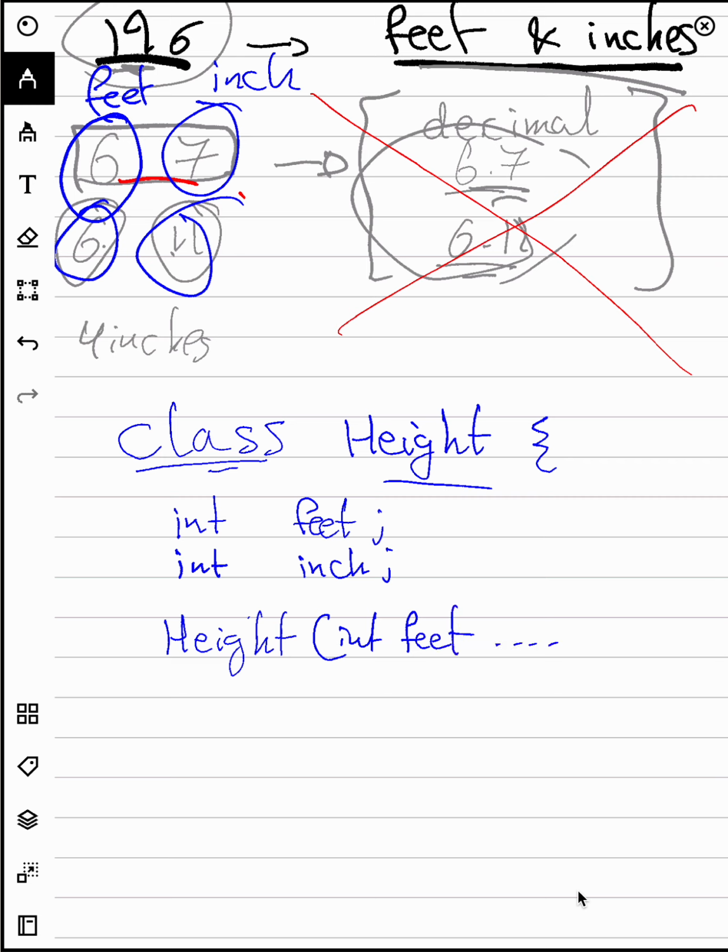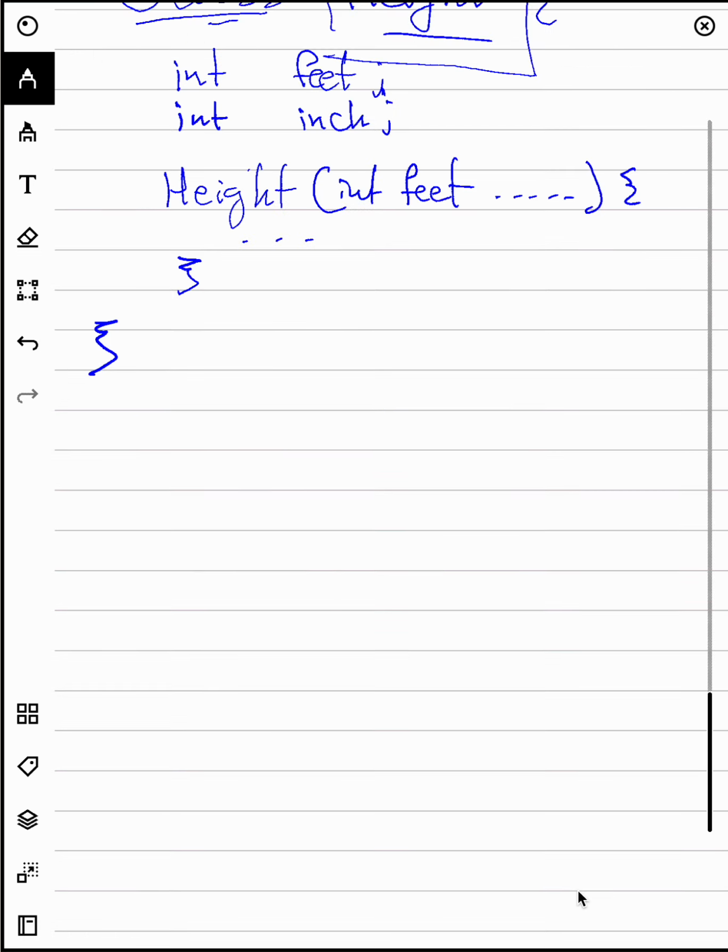I'm not going to write out the whole thing because at this point you should all know how to write the constructor. And that's essentially it, right? Yeah. Does that make sense? It all makes sense. Excellent. So now we have this new way of representing height in feet and inches. So now that we have this, let's go back to our Person class.